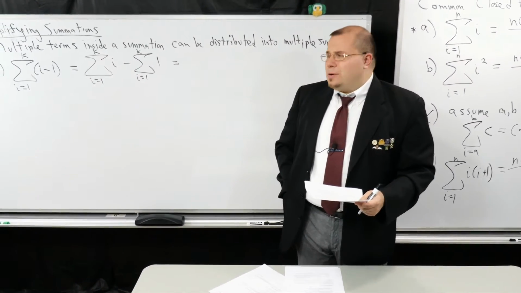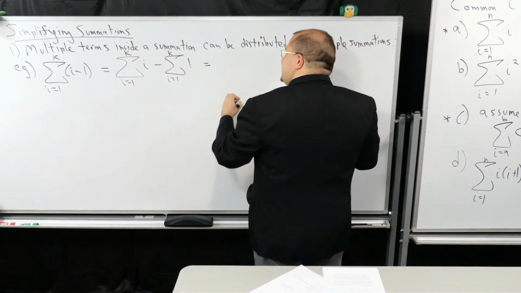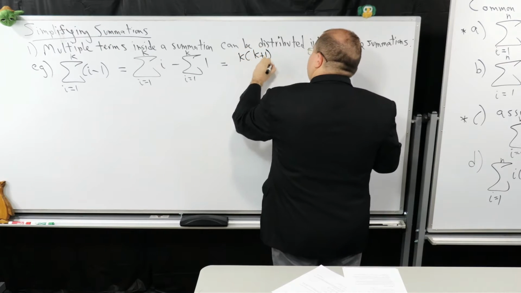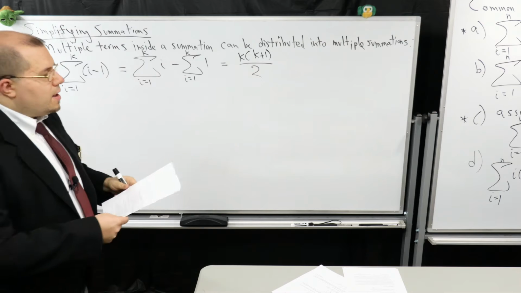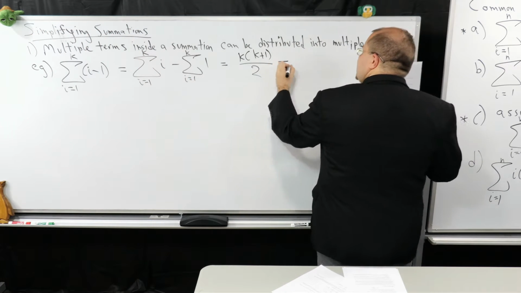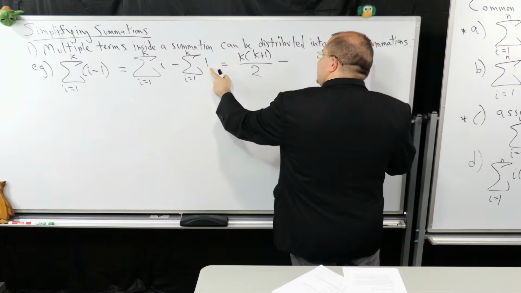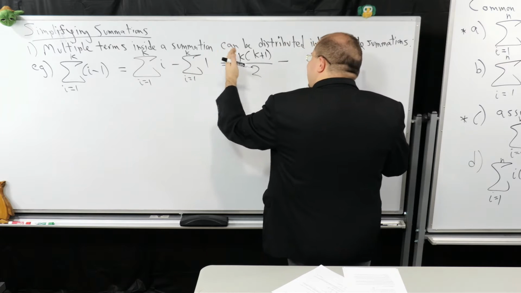So let's see what we could do. Notice that I have this I here. The upper limit is k. So I can write this as k times k plus 1 all over 2. So that one deals with this first sum. The second one here is just like the one we had before. You can think of the c as 1. So I have 1 times something.